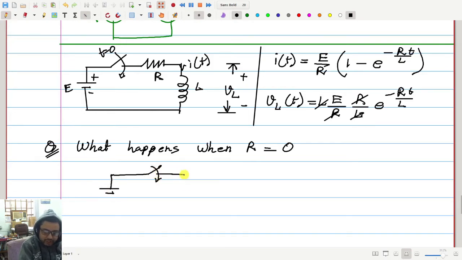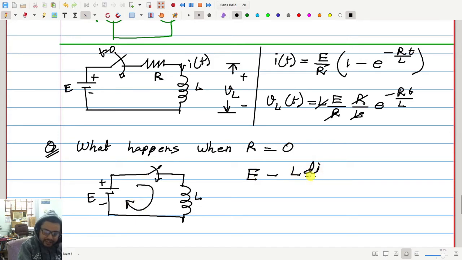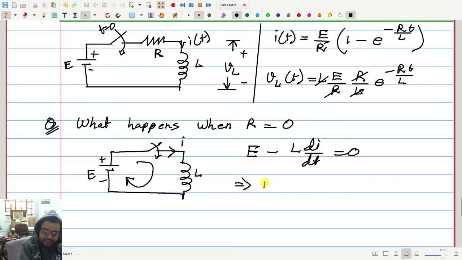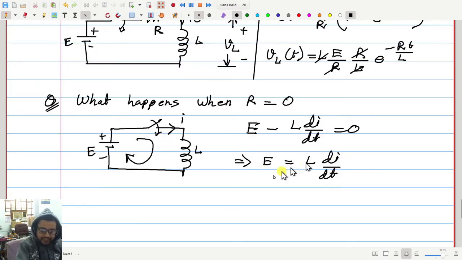The switch is closed, we have the inductor, no resistance is there, voltage applied is E. Now let us write the KVL equation in this loop: E minus L di by dt is equal to 0, where i is this current. So you can write E is equal to L di by dt, and now from this you can easily integrate to get the current.